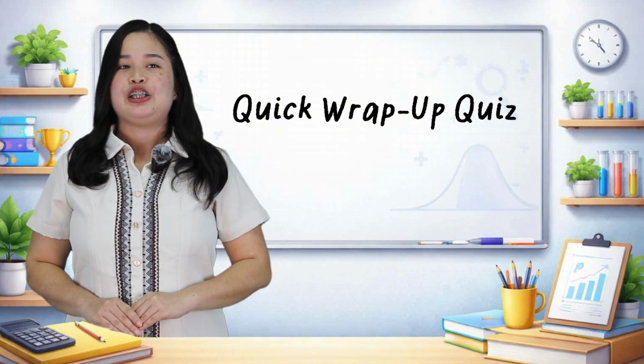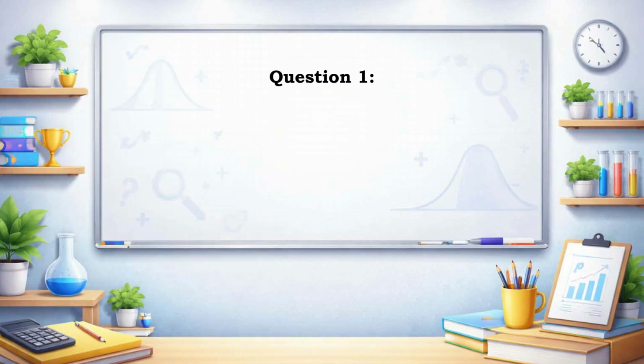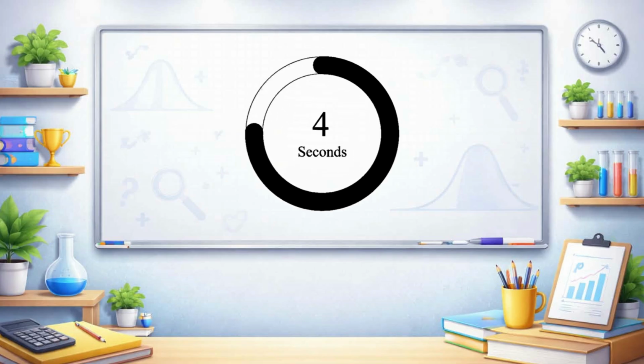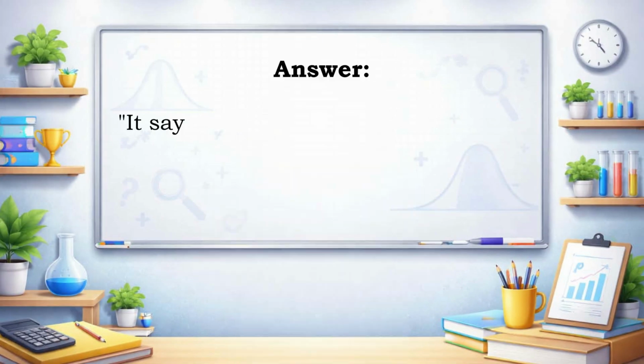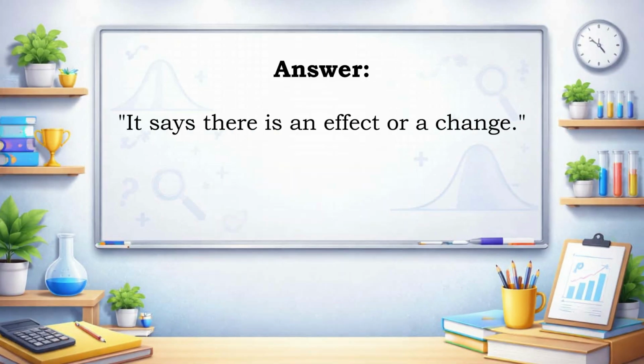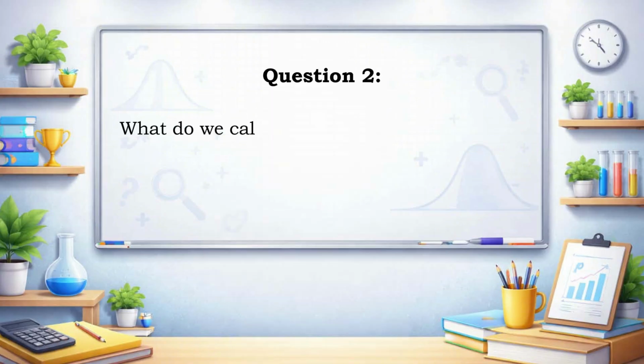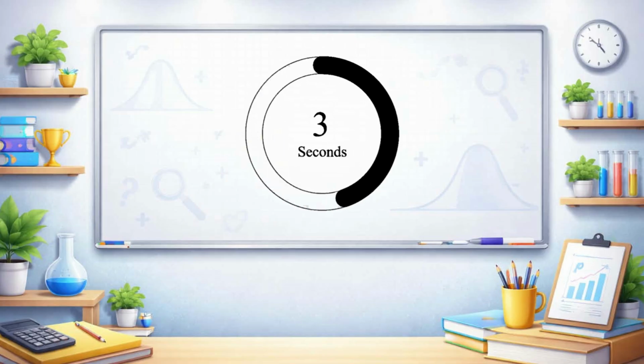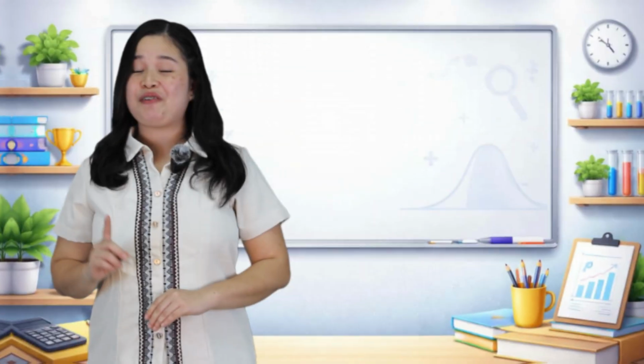Now that we've learned the basics, let's have a short quiz to check your understanding. Question number 1. If the null hypothesis says no effect, what does the alternative hypothesis say? Correct. It says there is an effect or a change. Question number 2. What do we call the area where we reject the null hypothesis? Correct.